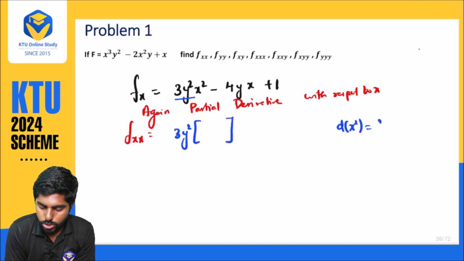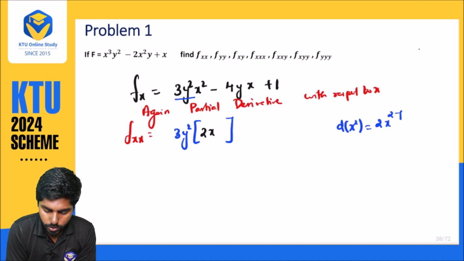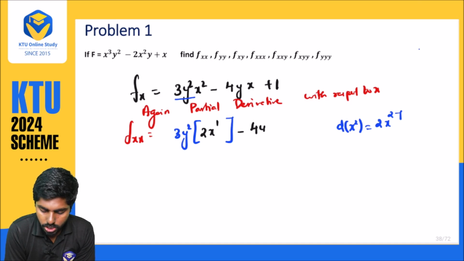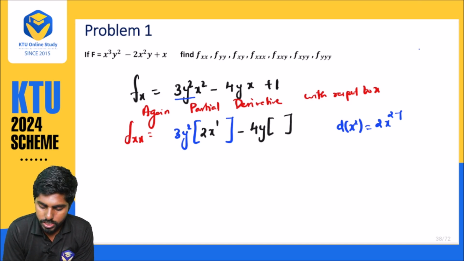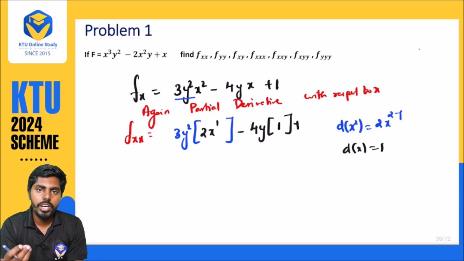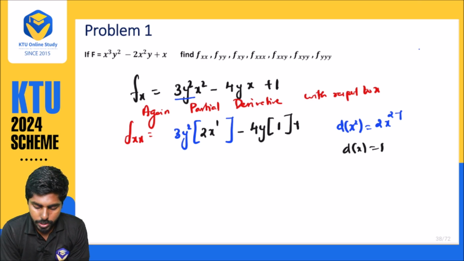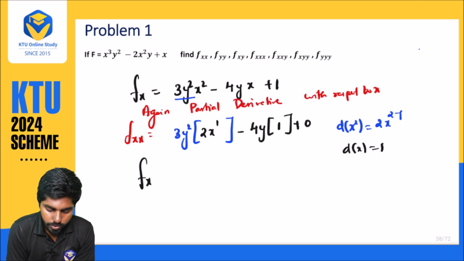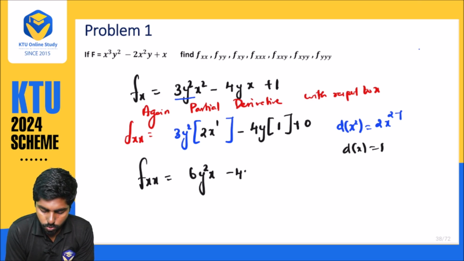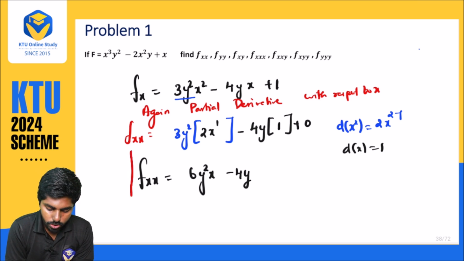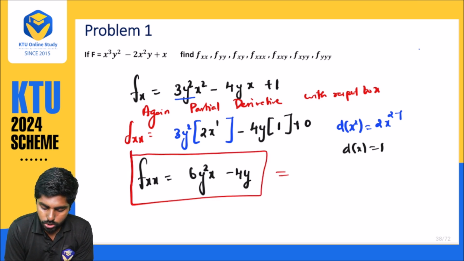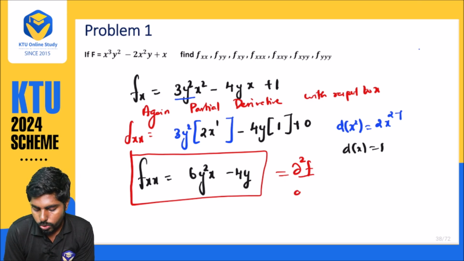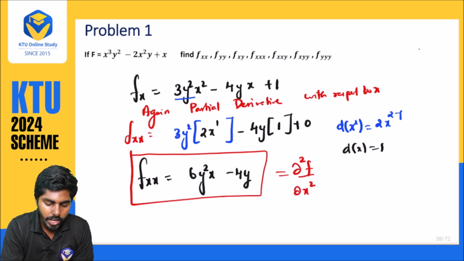Differentiation of x square is 2 into x power 2 minus 1, that is 2x. Minus 4y is constant, and differentiation of x is 1. The differentiation of a constant is 0. So f of x comma x is nothing but 6y square x minus 4y. This is the second order, dou square f by dou x square. So we have identified the first sum.